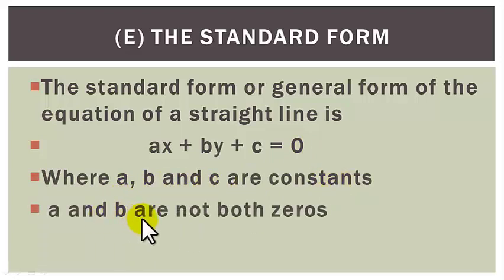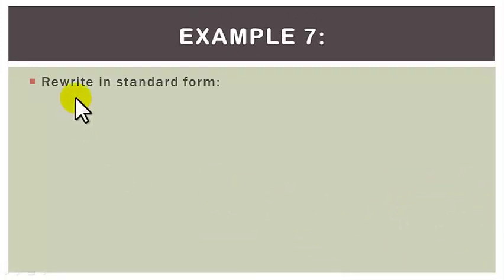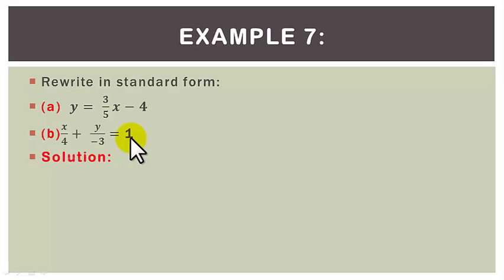A and b are not both zeros. Example 7. Rewrite in standard form: a, y equals 3/5 x minus 4. b, x over 4 plus y over -3 equal to 1. Solution.